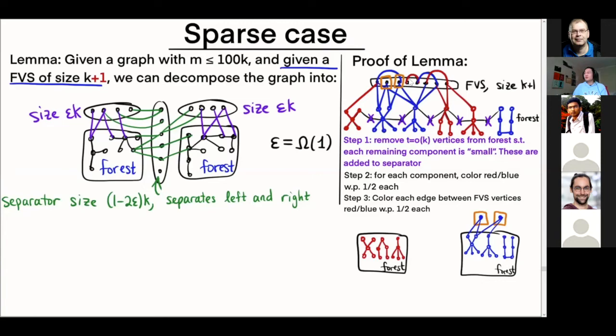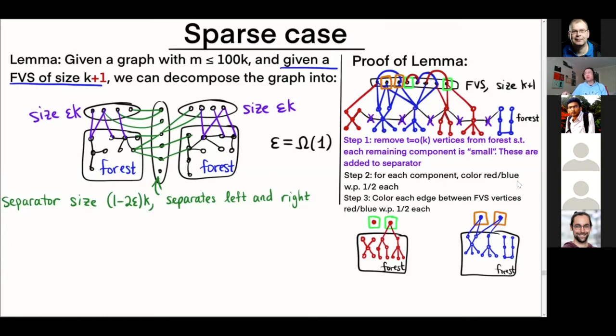Okay, cool. So in particular, this vertex here has the edge incident, this edge is colored blue, and its neighbors in the forest components are all colored blue. So this vertex has only edges to blue components. So in this case, we add this vertex to the blue side. And similarly, for the vertices that only have red edges, we add them to the red side.